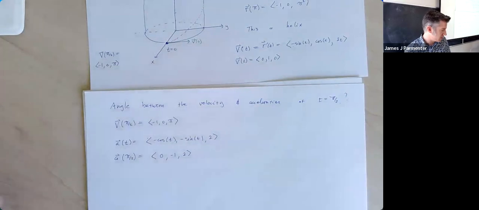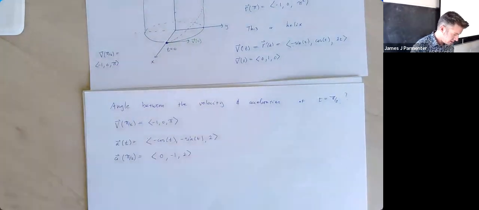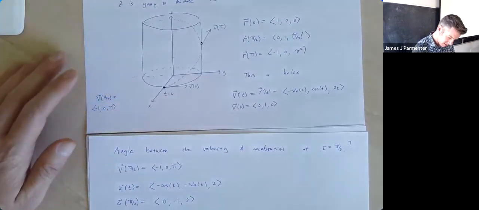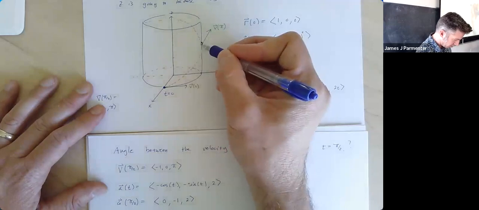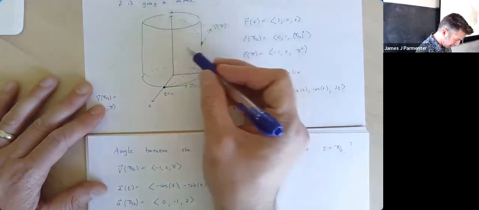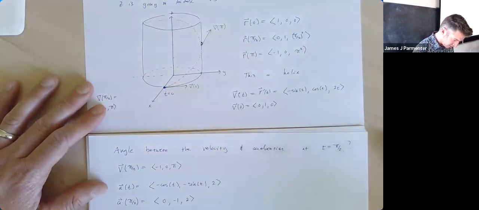It's kind of interesting. I also like to think about the direction the acceleration vector is actually pointing. So we go back to our picture for just a second. At this point, we're going 0 in the x direction, -1 in the y direction, so left, positive 2 in the z direction, so we're going left and up.